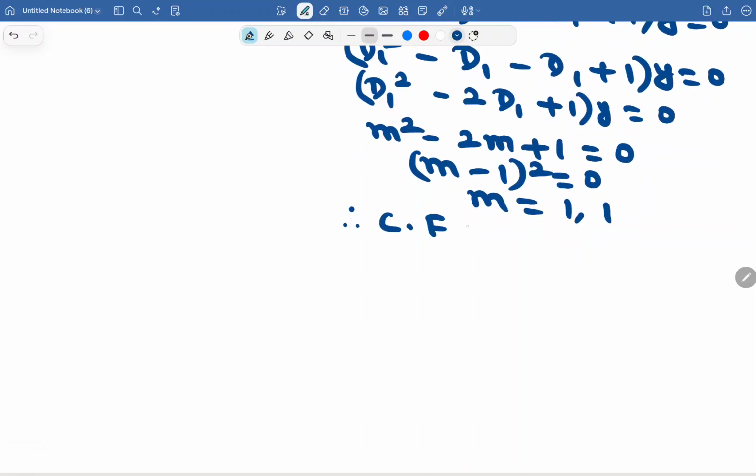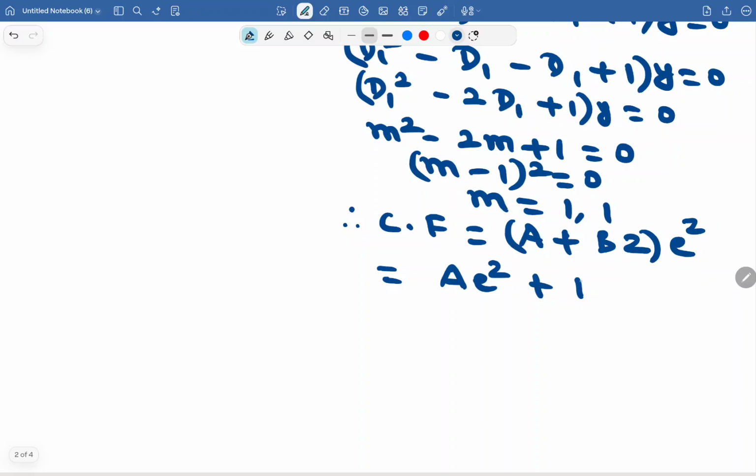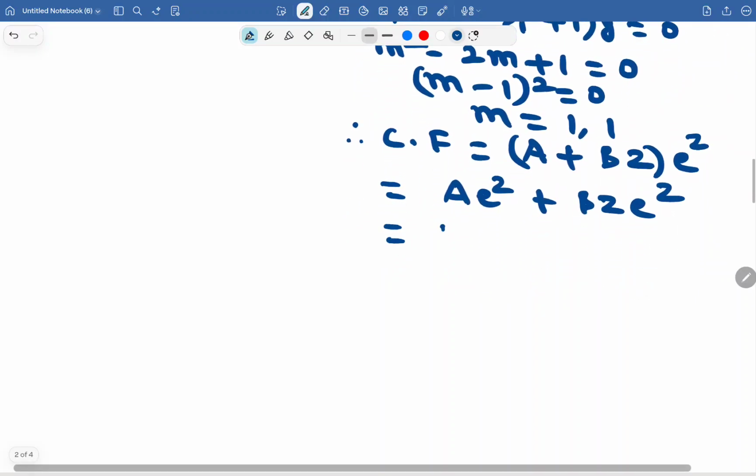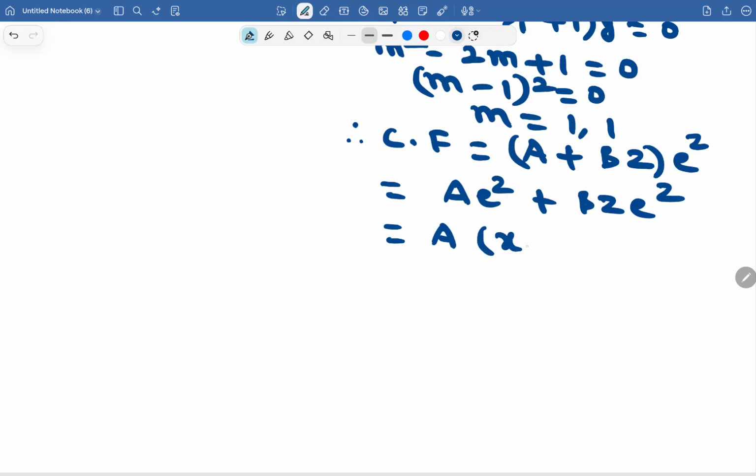Therefore complementary function, which is equivalent to a plus bz into e power m1 z. Here m1 is 1. 1 into z is z, which is equivalent to a into e power z plus bz e power z. What is e power z? That is x plus 2. So a into x plus 2 plus b into x plus 2 times z.